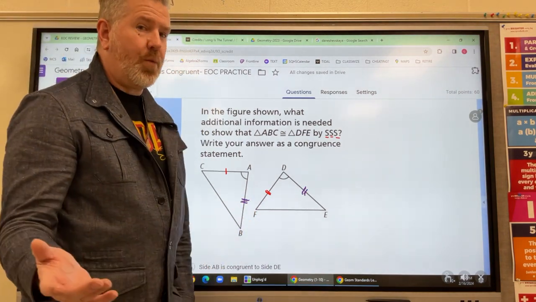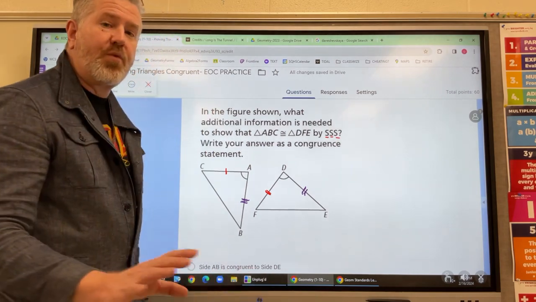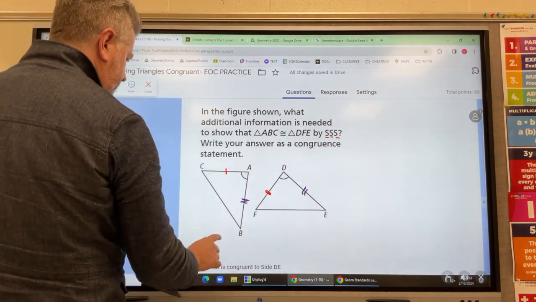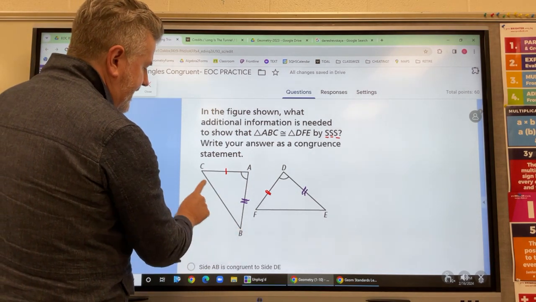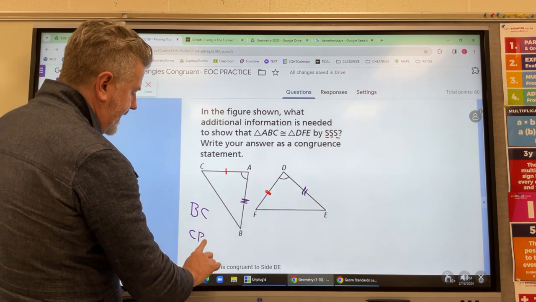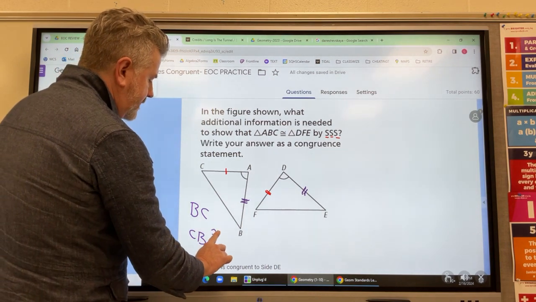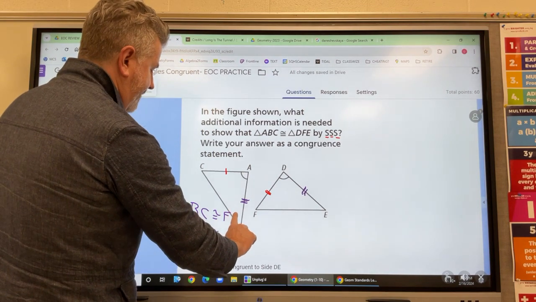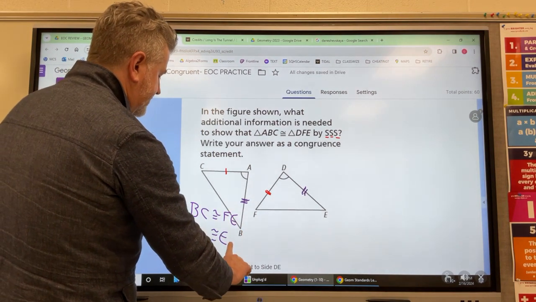So we only need one more side, and you can write it. This is a fill-in. Oh no, it's actually a multiple choice. BC, or it might say CB, needs to be congruent to FE or EF. Remember, that's the same side.